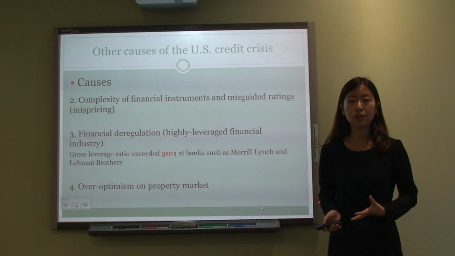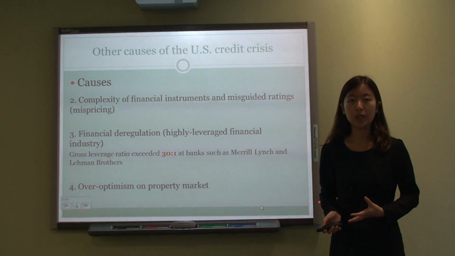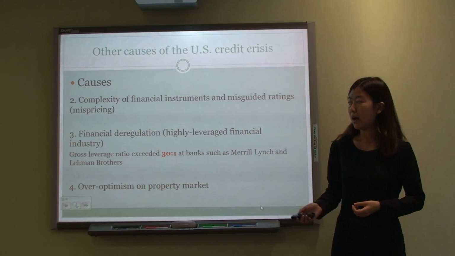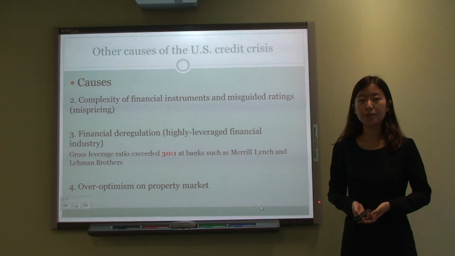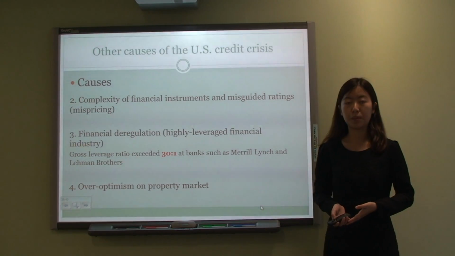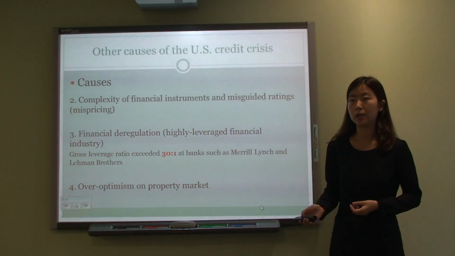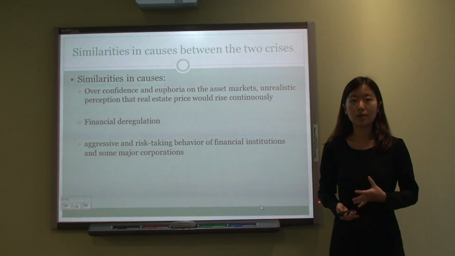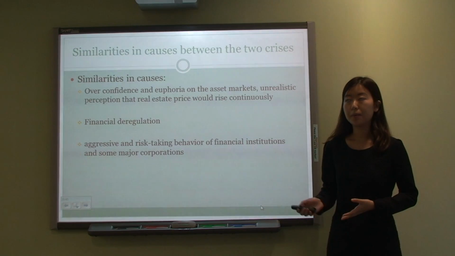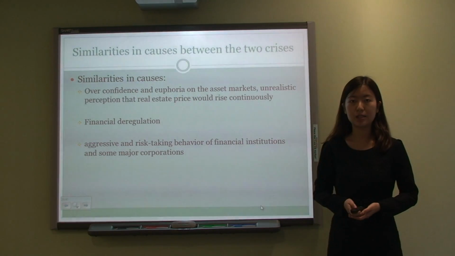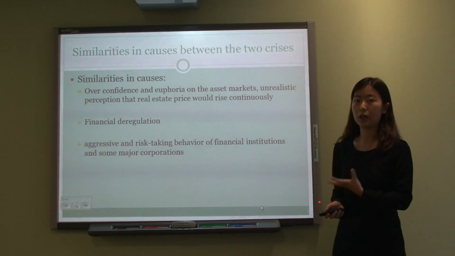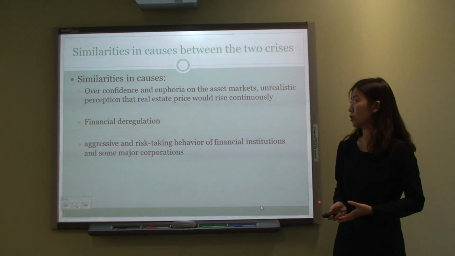And all the continuing financial deregulation increased the financial leverage for the whole industry and exposed the industry to greater risks. And as importantly, the over-optimism about the prospects of the property market also contributed to the occurrence of the crisis. Regarding the similarities of the causes of the two crises, people's overconfidence about the asset market is definitely the common reason for the two crises.